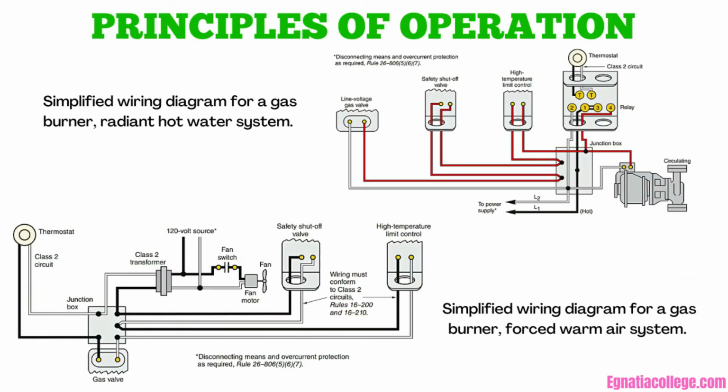Principles of operation. Most residential gas or oil heating systems operate as follows. A room thermostat is connected to the proper electrical terminals on the furnace or boiler, where the controls and valves are interconnected to provide safe and adequate heat to the home. Some typical wiring diagrams are shown in these figures.